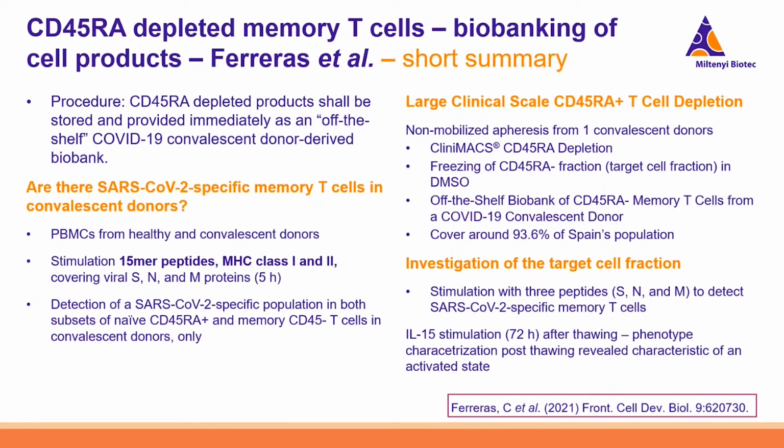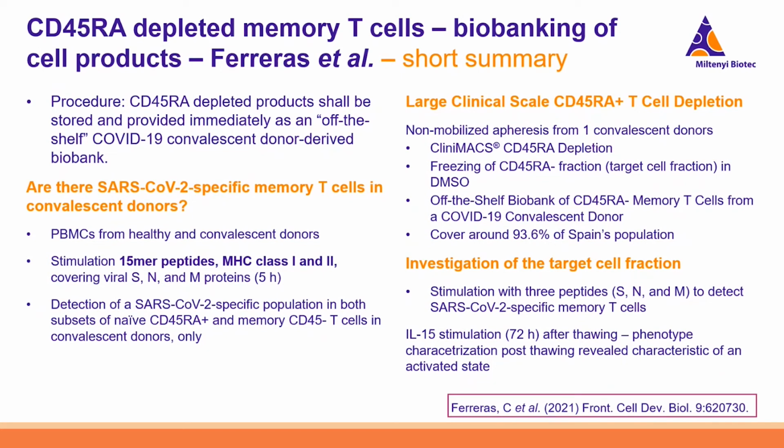Antonio Paris and his collaborators from Spain have developed a different method for delivering cell therapy products to COVID-19 patients. They use CliniMACS CD45RA depletion to generate products that are stored within a COVID-19 biobank from convalescent donors. An important question was whether SARS-CoV-2-specific memory T cells exist in convalescent donors and whether they can be enriched by CD45RA depletion.